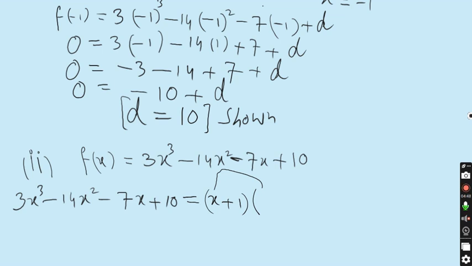Obviously we have to put 3x square over here. So 3x square times x gives 3x cube.